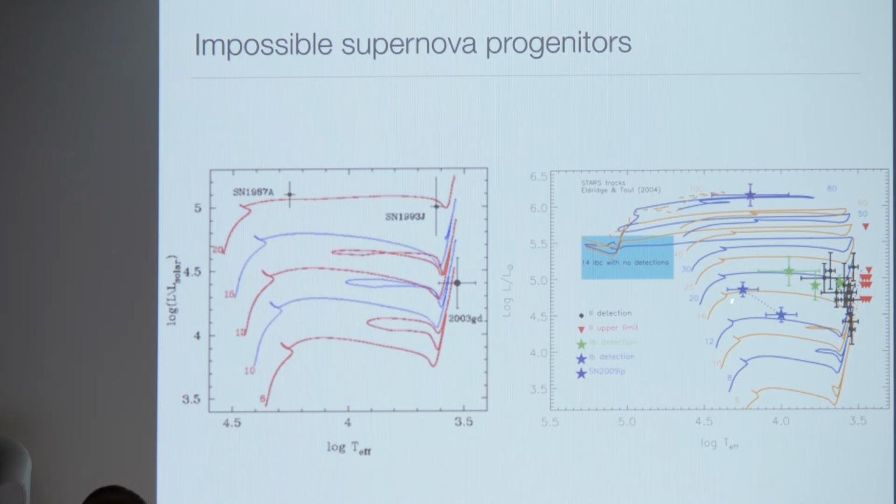But we see these are also other supernova progenitors, where a star exploded when it was there, and these green ones are slightly bluer, or the temperature is higher, than what the stellar evolution theory predicts. There are also very massive stars which shouldn't explode there that turned out to be exploding, and so on.